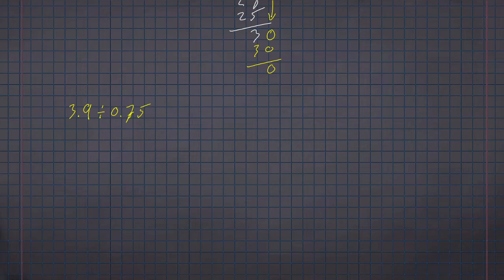So instead of trying to do that, I want to think a little bit about 3.9 over 0.75. Notice here, if I multiply numerator and denominator by 100, I get 390 over 75.